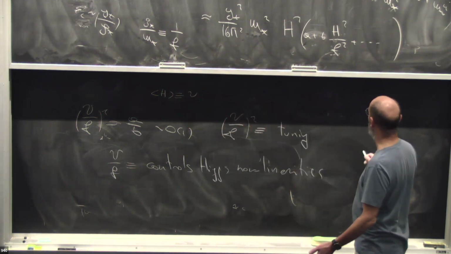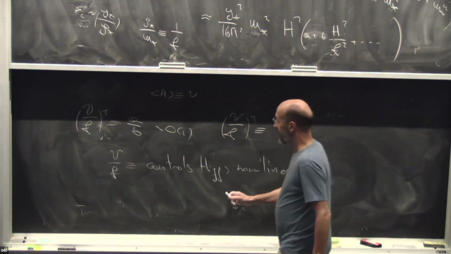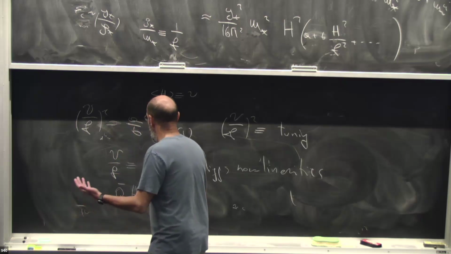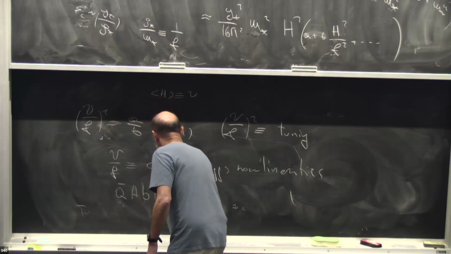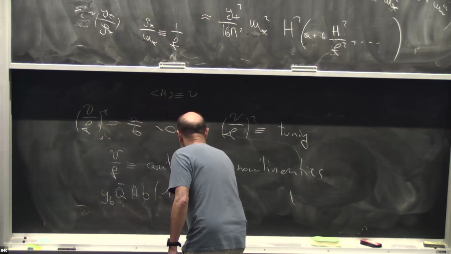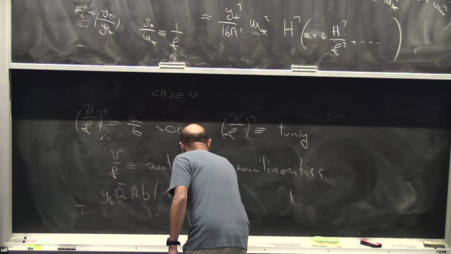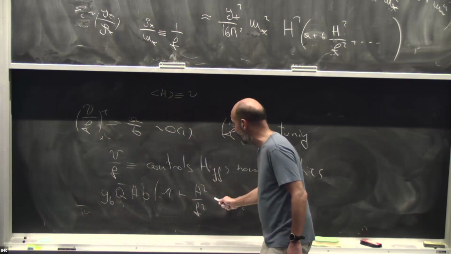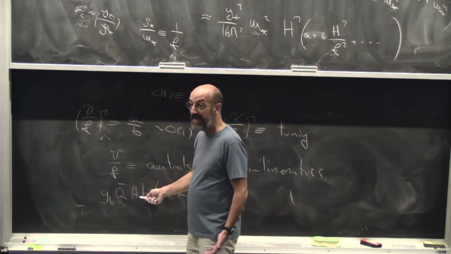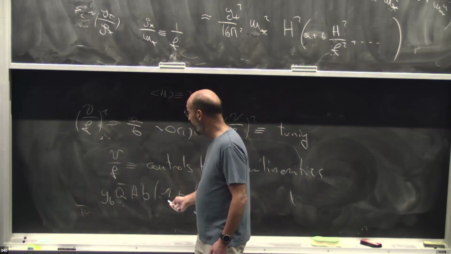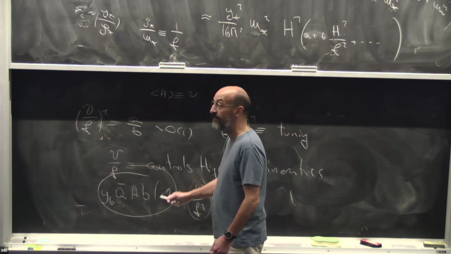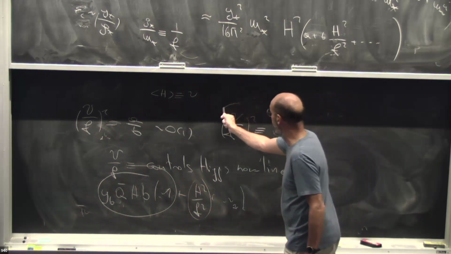In particular, wherever you have a Yukawa coupling like Q bar, H, T, or any other fermion of the same kind, it will give you the right Yukawa coupling if you've built the theory, but then you get unavoidably higher order effects from compositeness that are precisely measured by H over F. And when you look at the couplings of the Higgs to, say, b b bar, while this gives you precisely the resulting standard model, it also gives you a deviation from it, which is precisely controlled by this one.